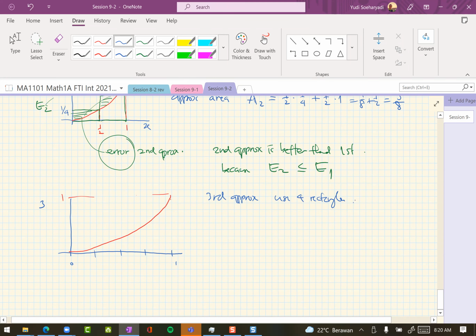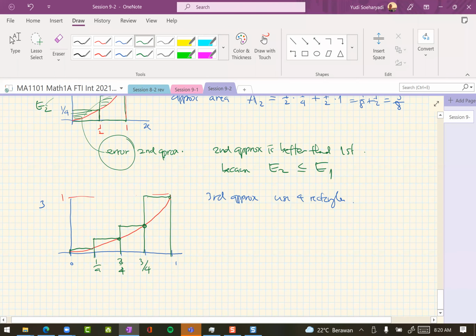So what are those rectangles? One is this. So this is 1/4, 1/2, 3/4, 1. The second one is this one, third, fourth.